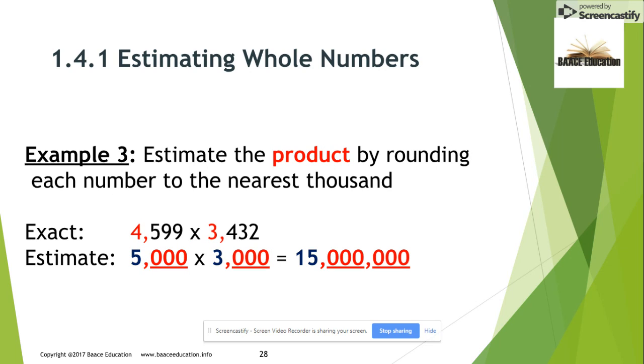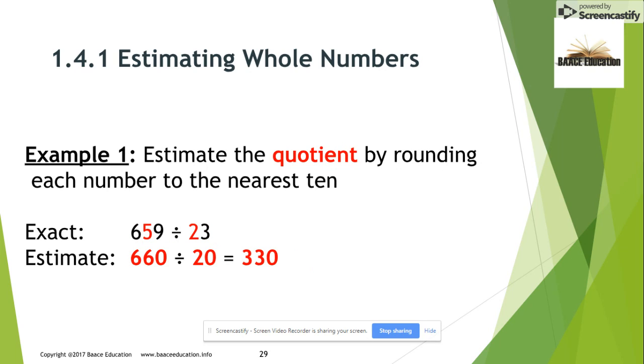Similarly, in multiplication, we have 5,000 multiplied by 3,000 after we finish estimating to the nearest 1,000. And also in division, we want to round to the nearest 10, 659 divided by 23. So it becomes 660 divided by 20, and our final result is 33.